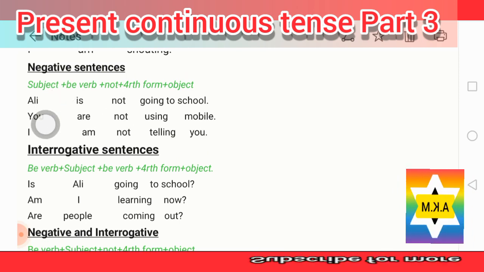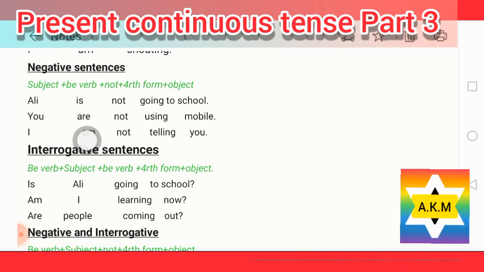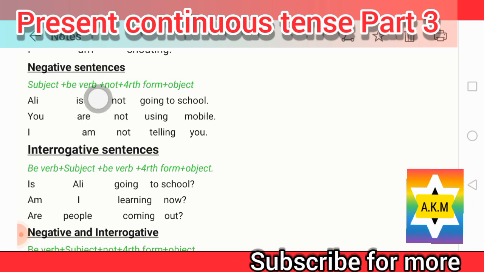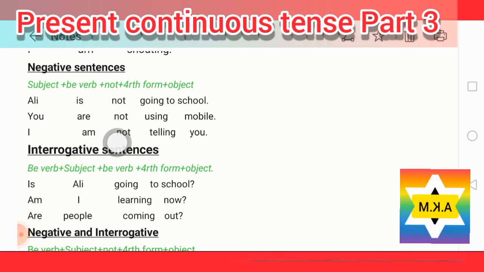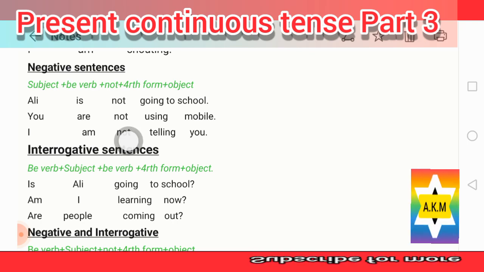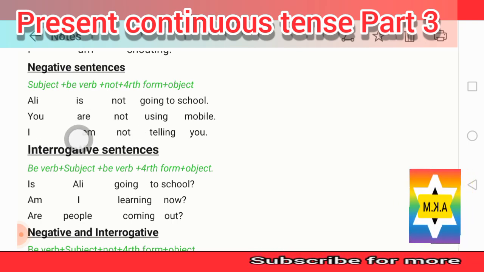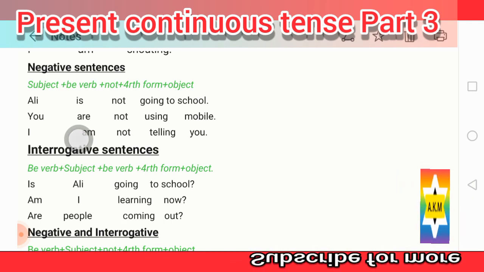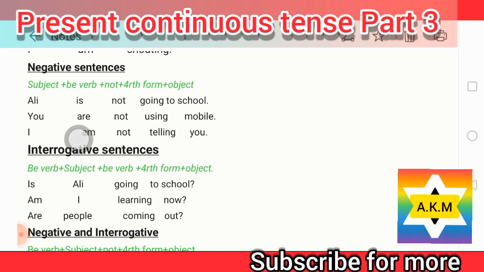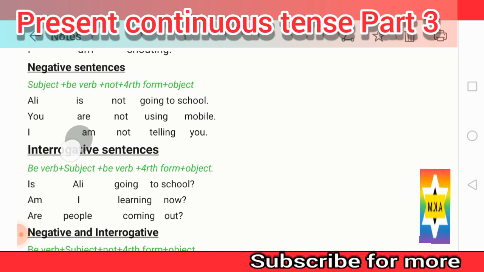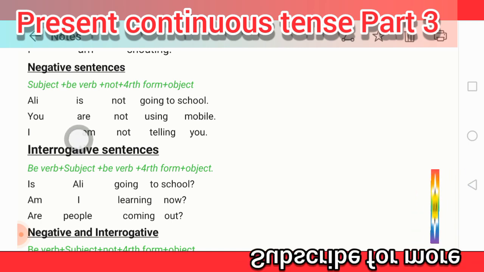First we have to put the subject, then the be verb. If you have the subject you, they, we or a plural noun, you will have to use are. If you are using a singular noun, then you will use is.